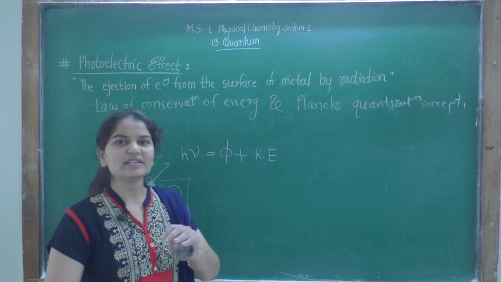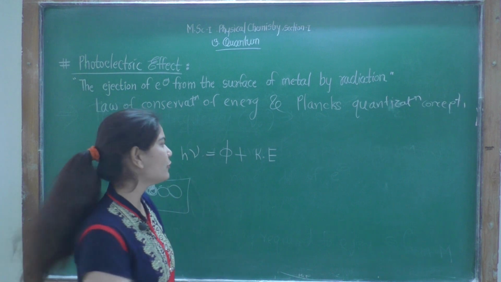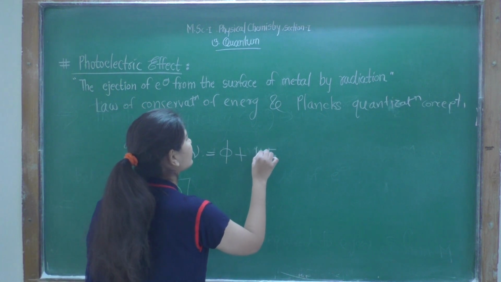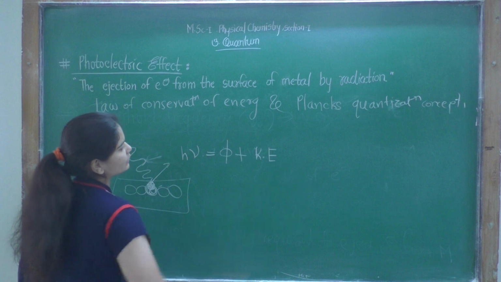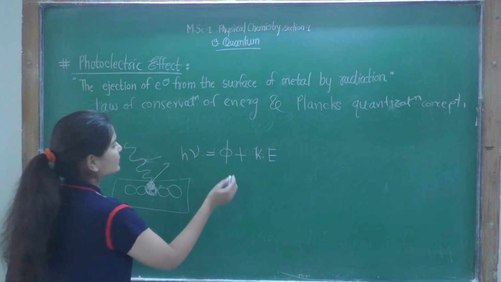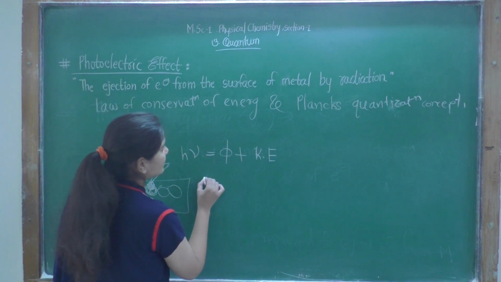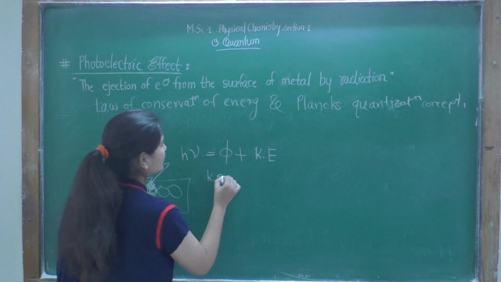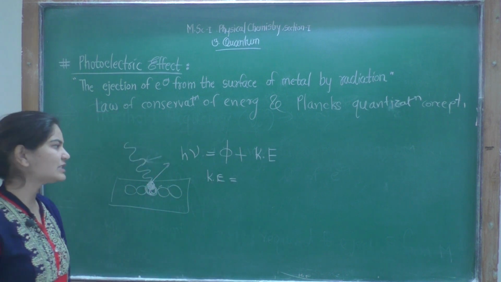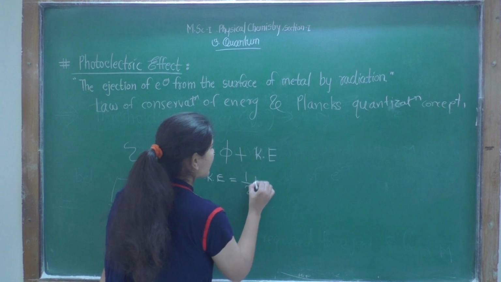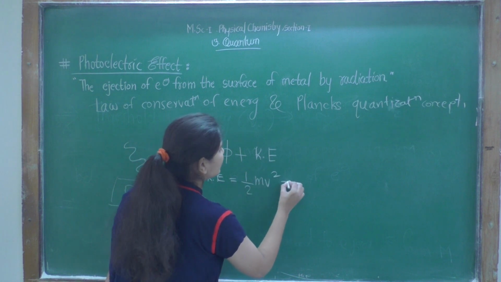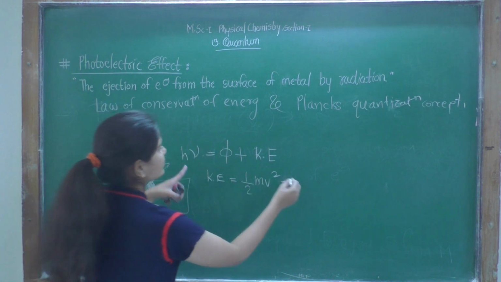That motion is denoted by kinetic energy, right? So we can write kinetic energy. What is the formula for kinetic energy? The general formula is half m v square, and it is equal to h nu minus phi.